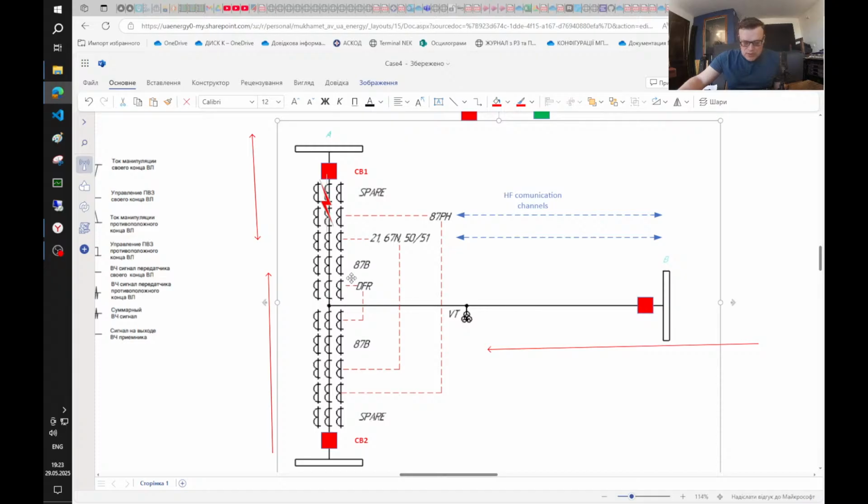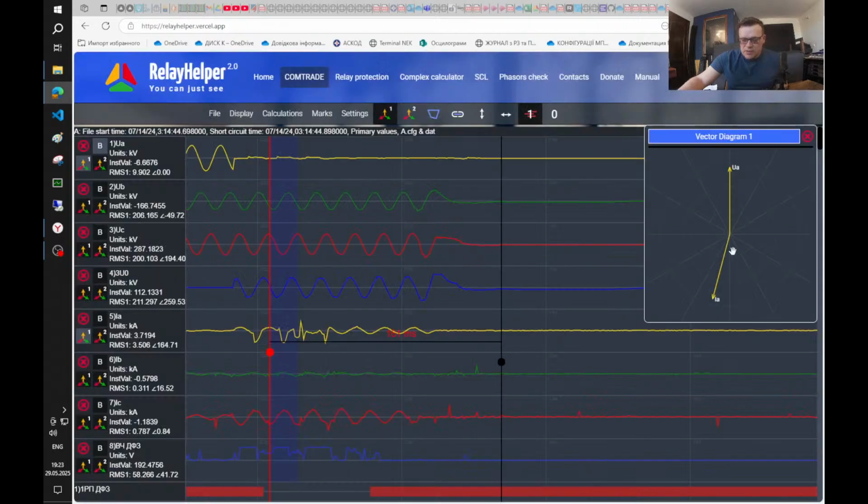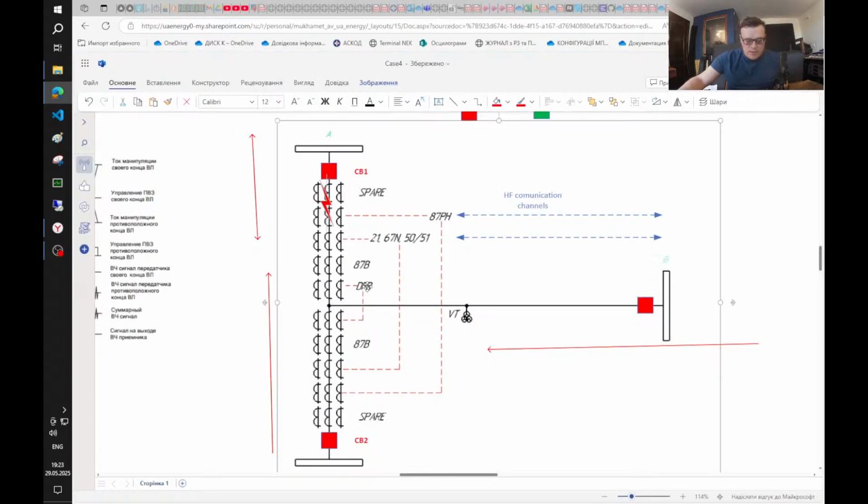It's because the digital fault recorder is connected to this first core, and by this vector diagram we can say for sure that the short circuit was not in that core, but in some other core.